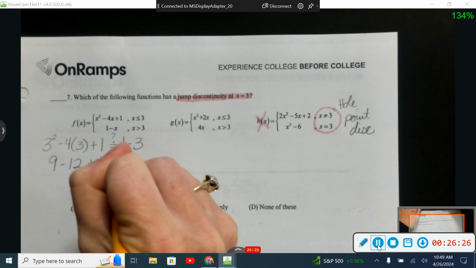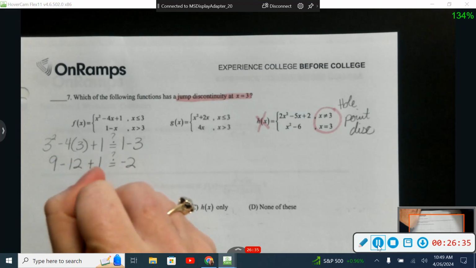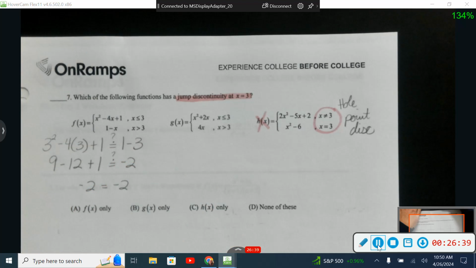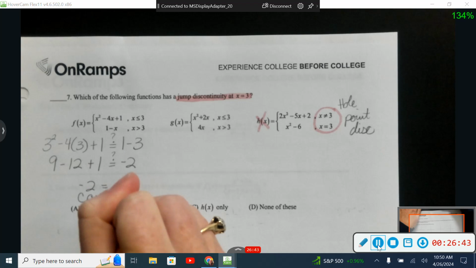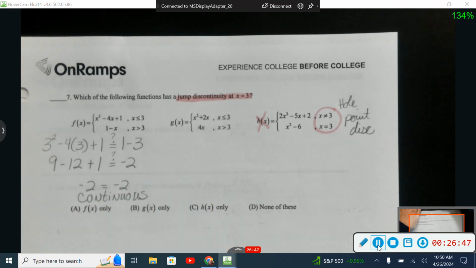I'm looking to see if that is equal to negative 2. So 9 minus 12 gives me negative 3, plus 1 does give me negative 2. And that is negative 2. Because they are equal to each other, this one is continuous.